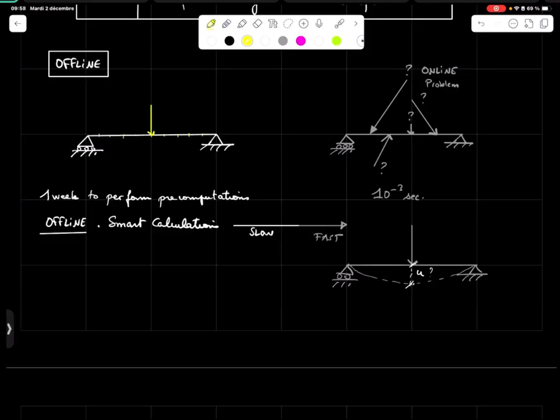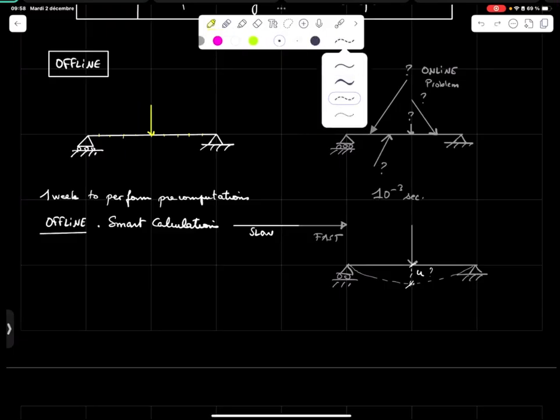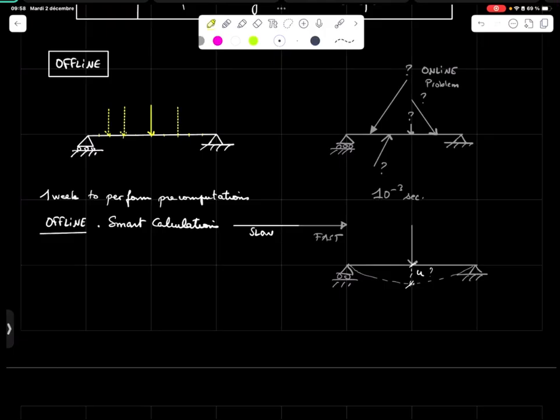And then for each load, I'm going to record the displacement. So I'm going to do that for all the loads that I can manage. And if everything is linear, then it's easy. If it's not, that's what we'll see later. It's not as easy because it's not so simple to just use the same load everywhere and just use superposition. If things are nonlinear, you cannot superimpose anything onto anything.